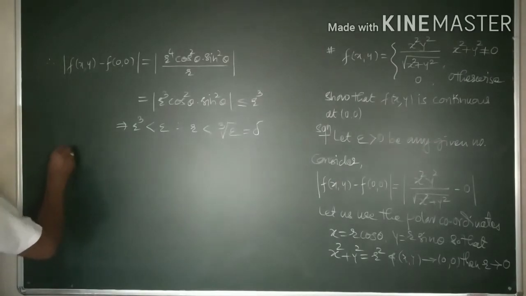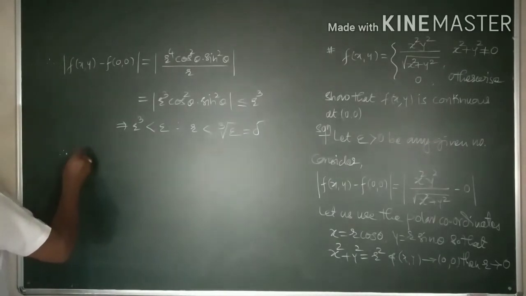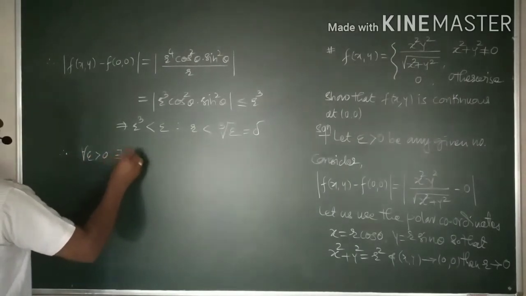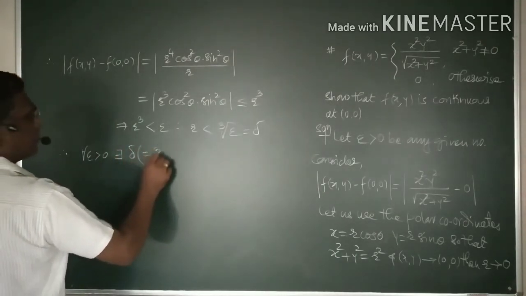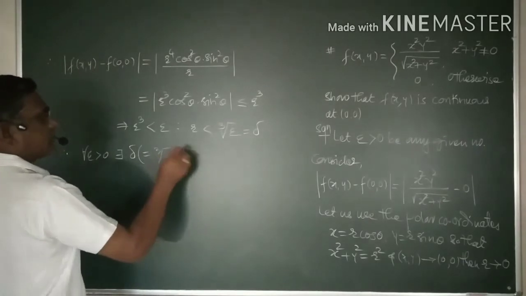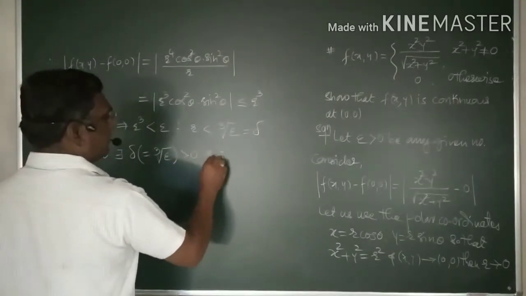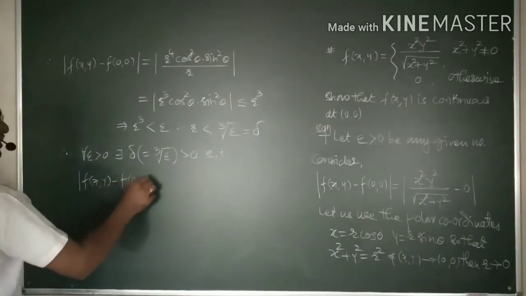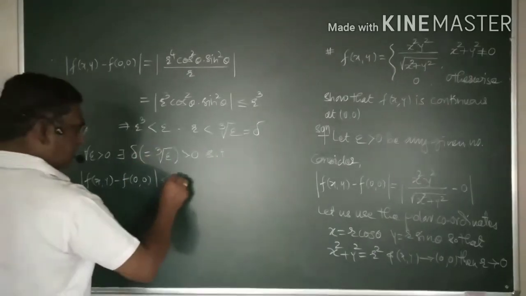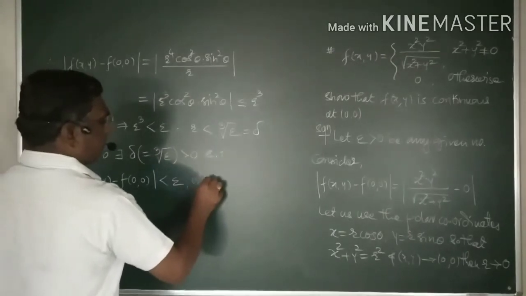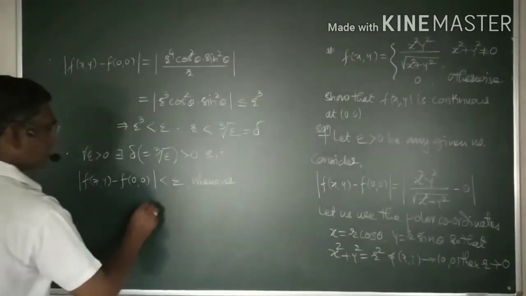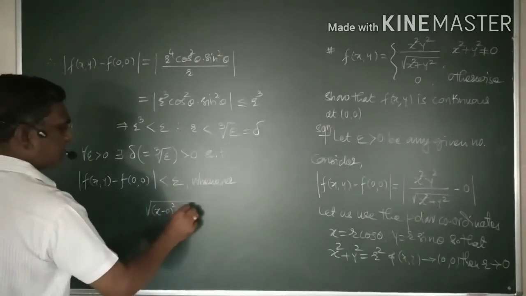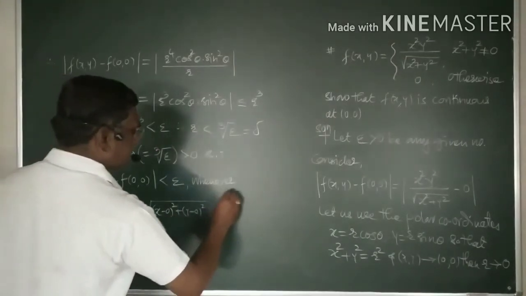And therefore, we have declared that for every epsilon greater than 0, we have obtained a delta, equal to the cube root of epsilon, which is positive, such that the absolute value of f(x, y) minus f(0, 0) is less than epsilon whenever root of (x minus 0) squared plus (y minus 0) squared is less than delta.